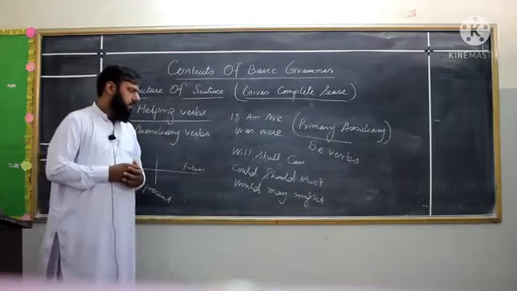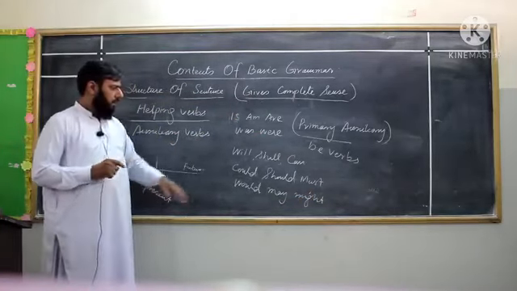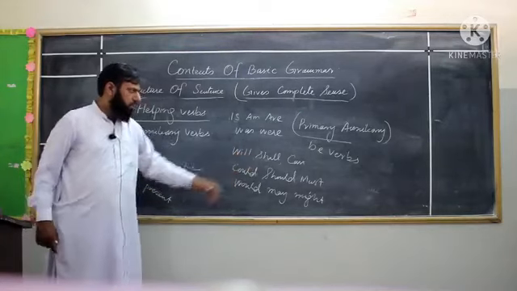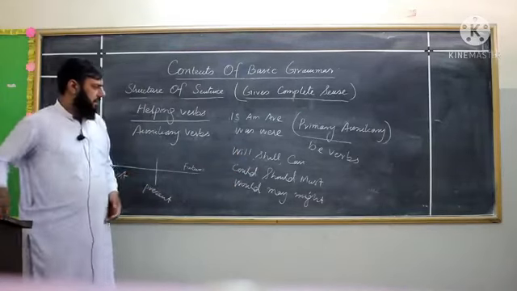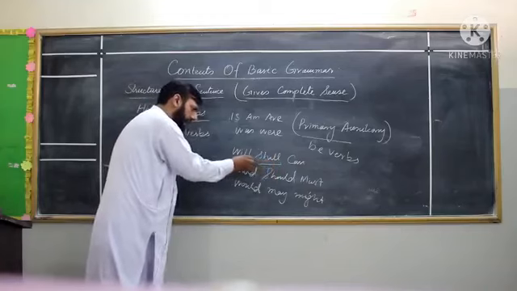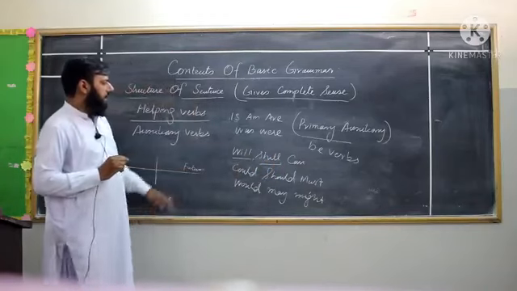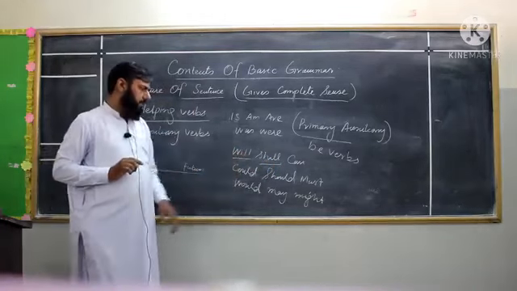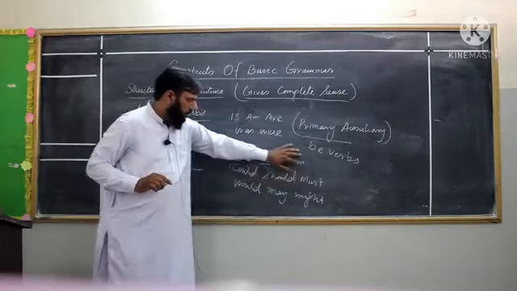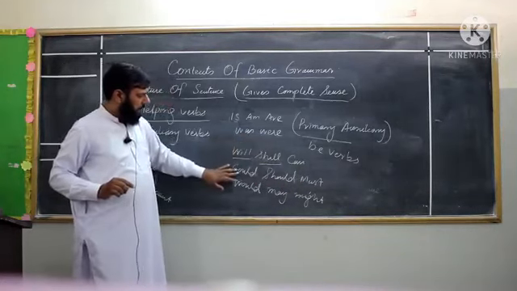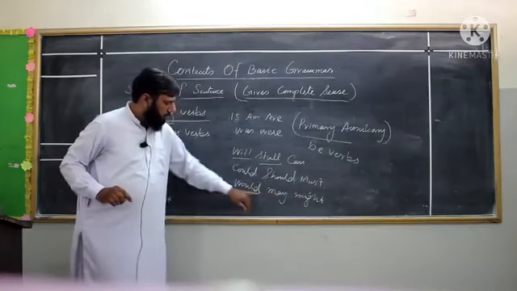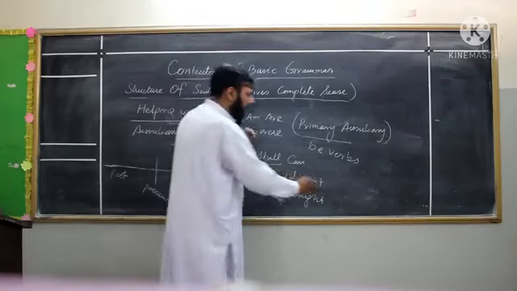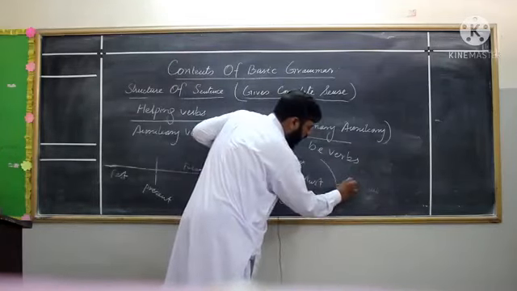These are 9 altogether. Only will and shall are used in simple future tenses, that is, they are 2: shall and will. According to the grammar structure, they are modal verbs. These are all actually modal verbs: will, shall, can, could, should, must, would, may, and might. These are called modal verbs in grammar.